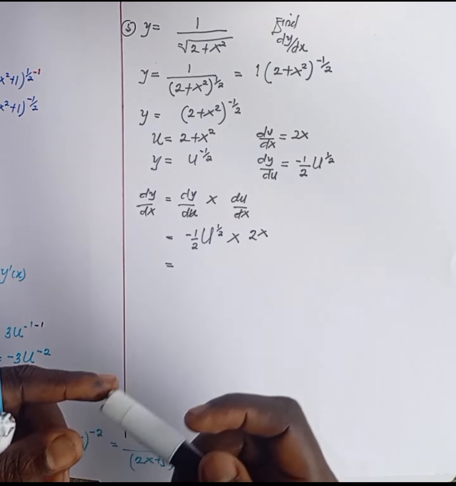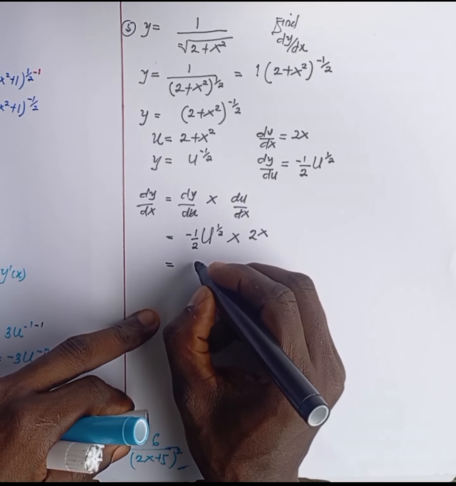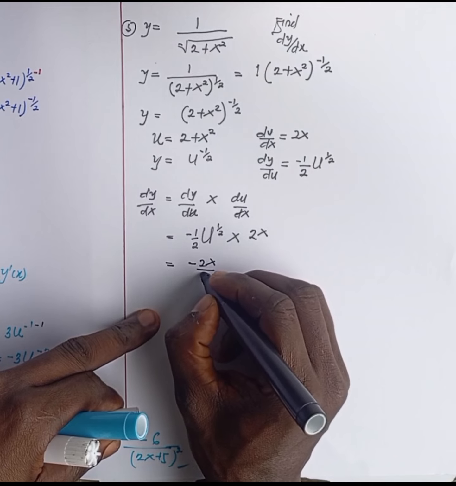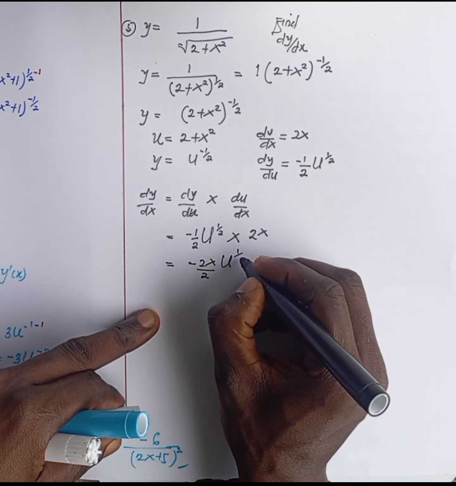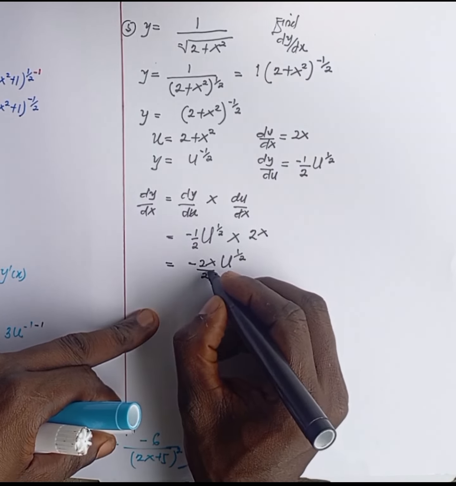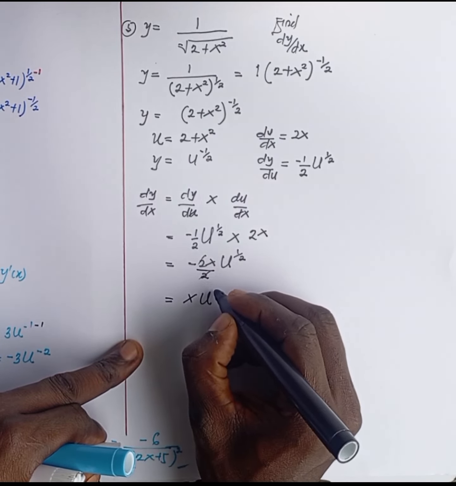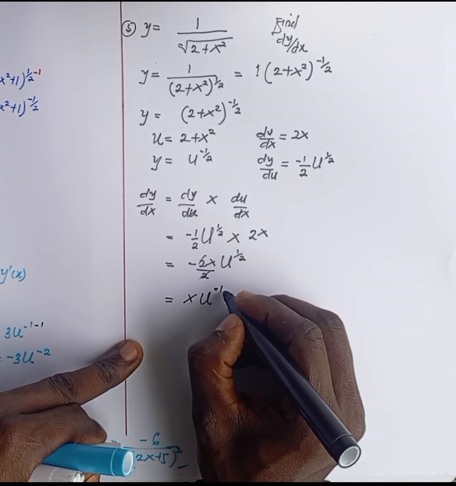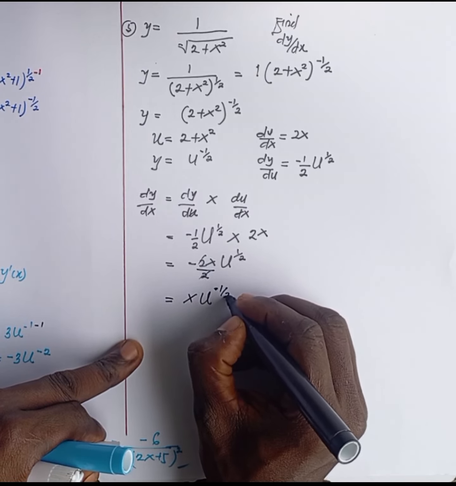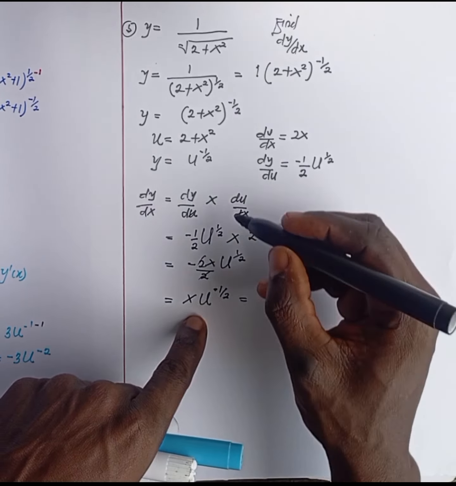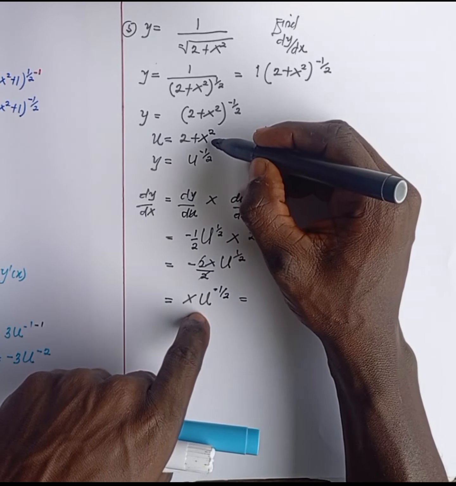Now 2x times half, we are going to get minus 2x all over 2 u raised to the power half. We know that this and that will go, we'll be left with x over u raised to the power half. Now we have already defined u in terms of x, so we know that u is equal to this.